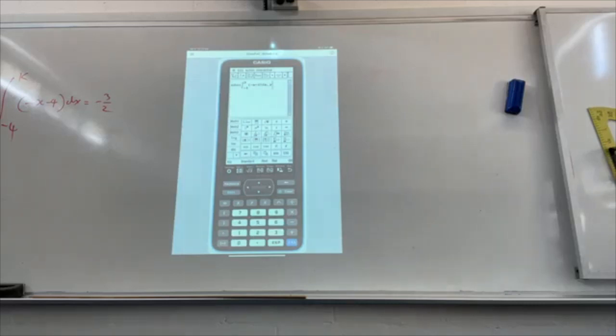Yeah, I forgot. The negative equals negative 3 over 2. Still giving me that error. Do I need a bracket at the end? Maybe I need a bracket there. No, it's not that. Now you've got too many.